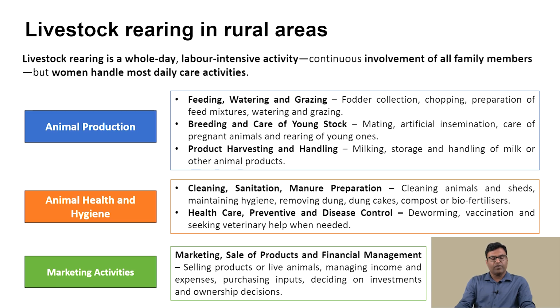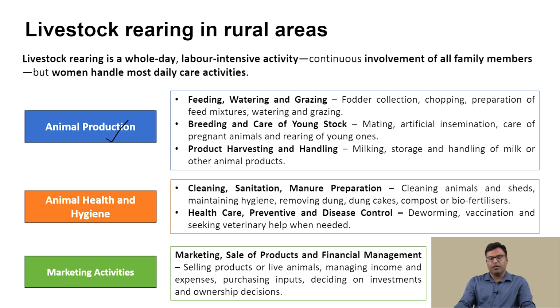If we have to divide the livestock rearing activities, we can categorize them into three types. First is animal production activities, in which we focus on feeding, watering, breeding, care of young stock, product harvesting and handling.